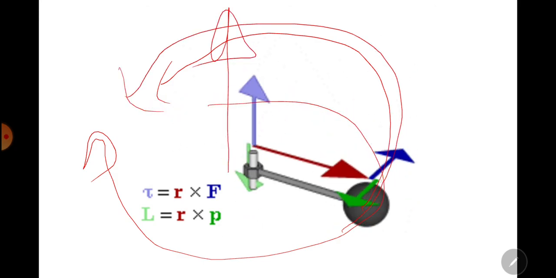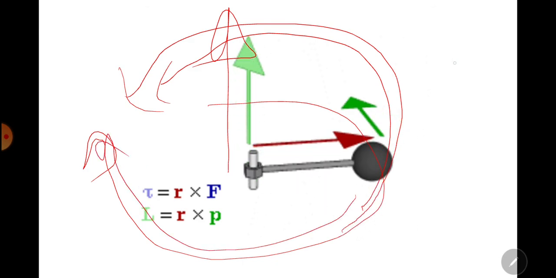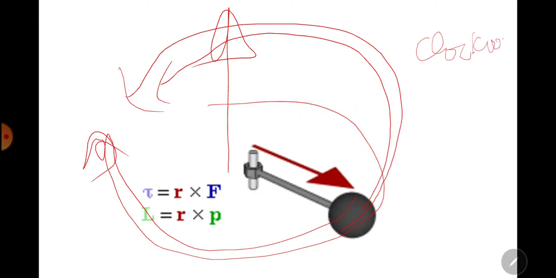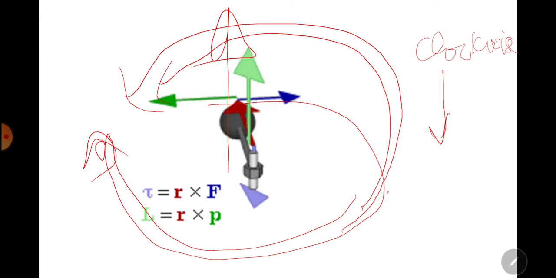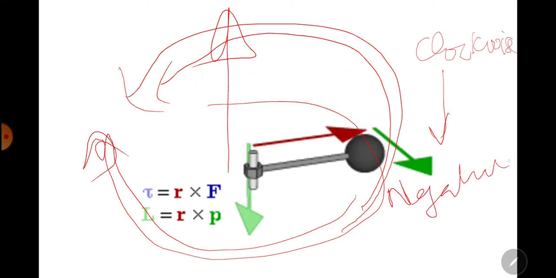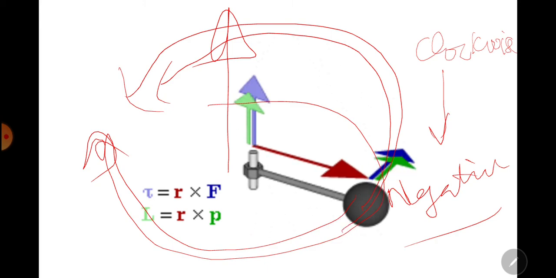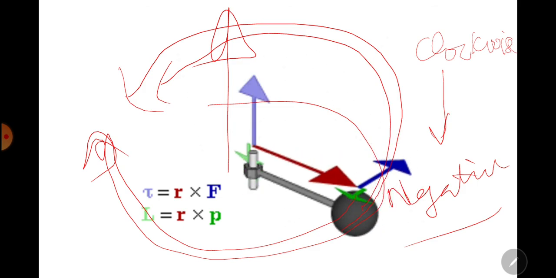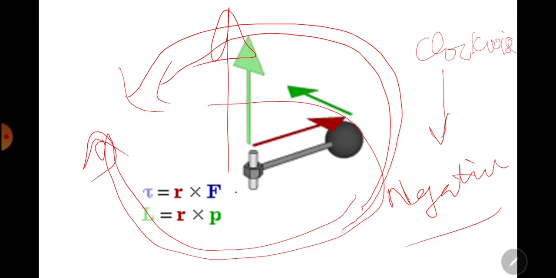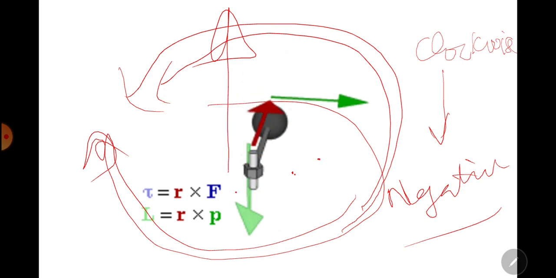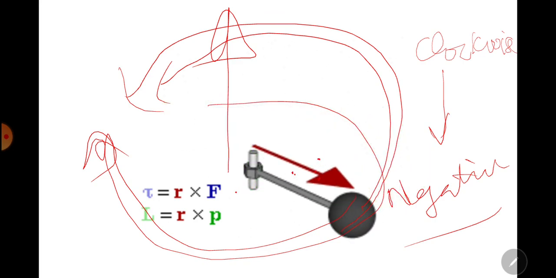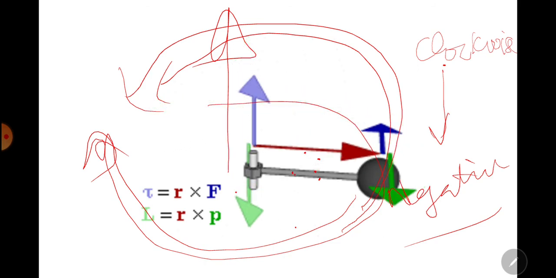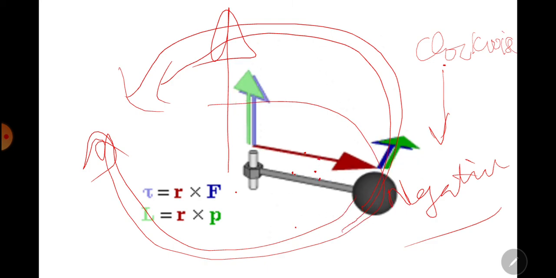Clockwise torque has direction downward. So clockwise torque is negative. You will take its value negative, because it rotates according to the right hand rule. Its direction is downward, so it will be taken negative, and anti-clockwise direction is upward, so it should be taken positive. So according to the right hand rule, clockwise torque will be taken negative. Anti-clockwise torque will be considered positive.